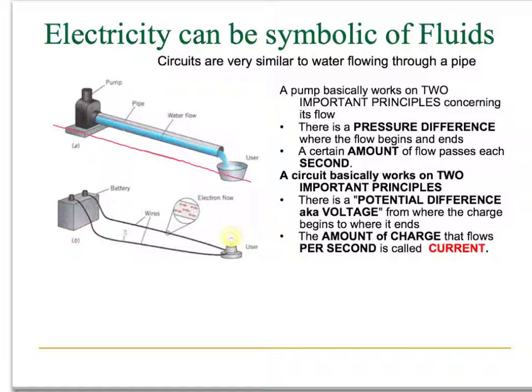Now it is just natural for fluids to move from a higher pressure to a lower pressure. So therefore, even though the ground is a level ground, since we increase the pressure on this other end, this pressure here, which is caused by the pump, will actually cause the water to flow.